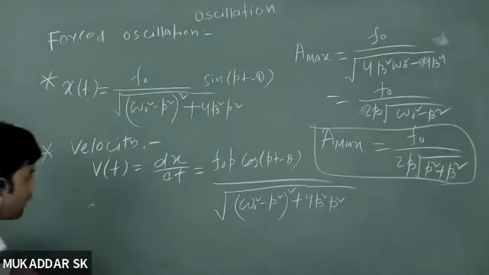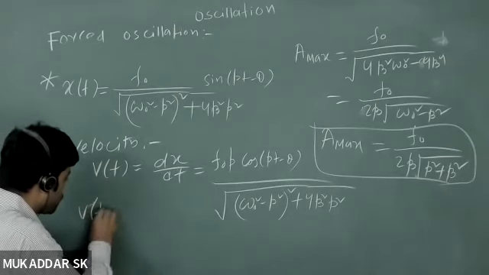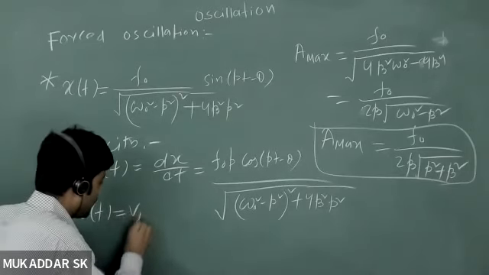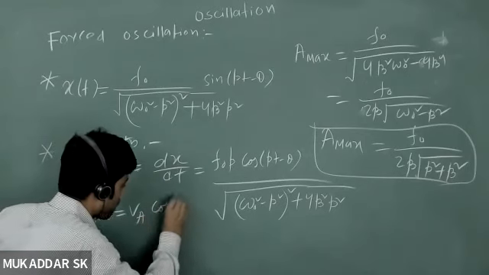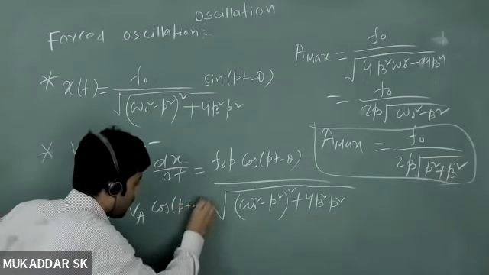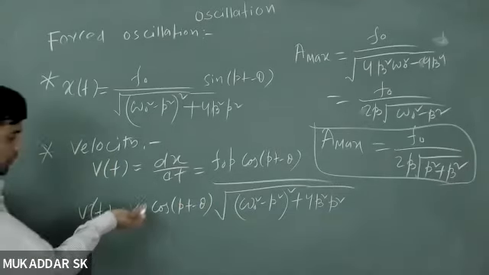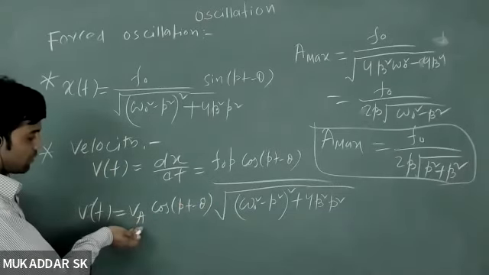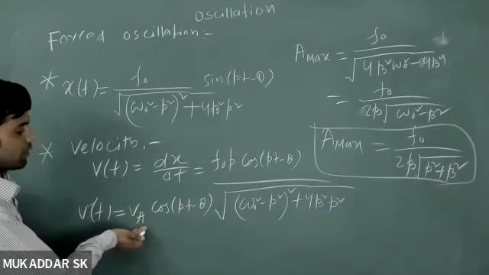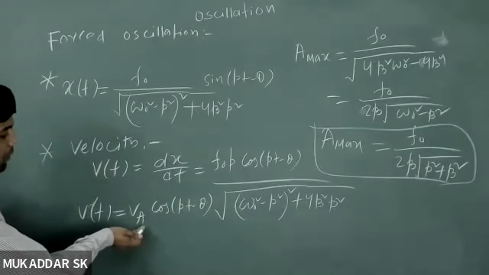Now I will assume that V of t equals Va into cos pt minus theta. So Va is your maximum value of speed. So Va will be how much?